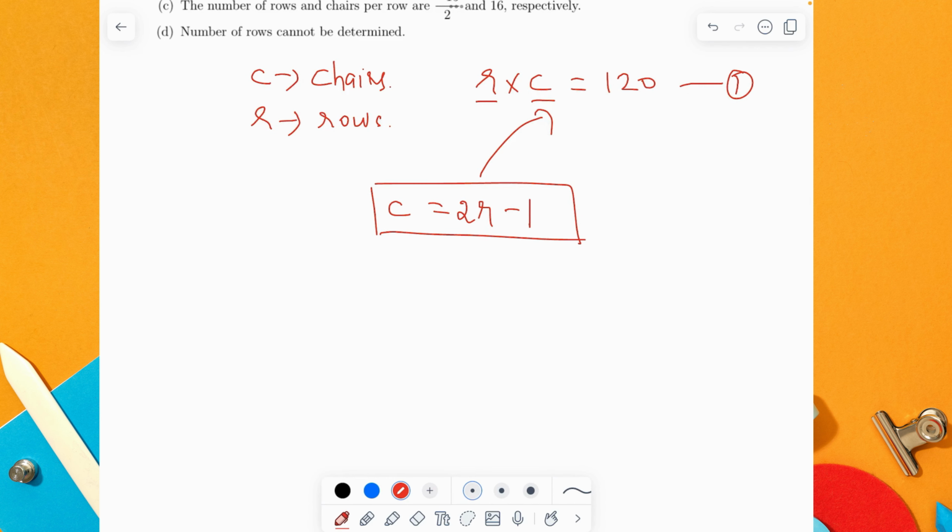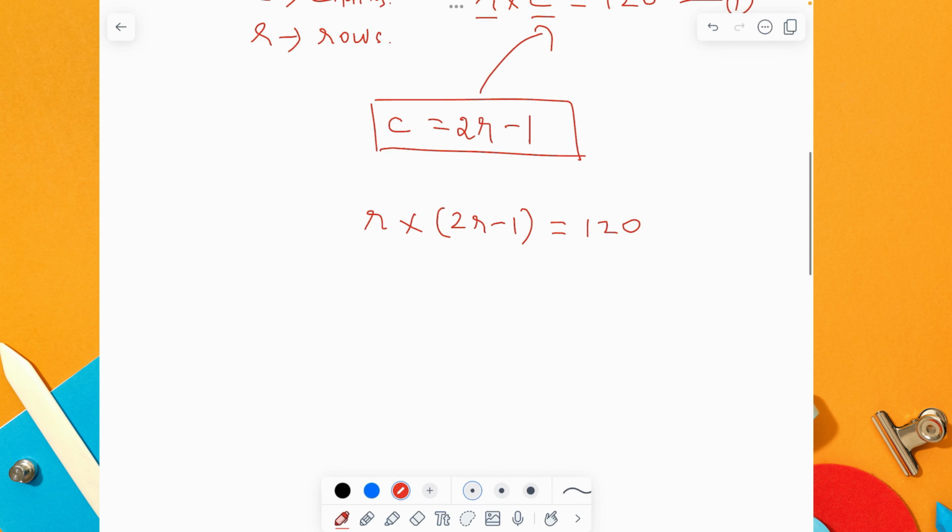So here R into, in the place of C, 2R minus 1 is equal to 120. Moving further, multiply, take the R inside, we'll be getting 2R square minus R is equal to 120.